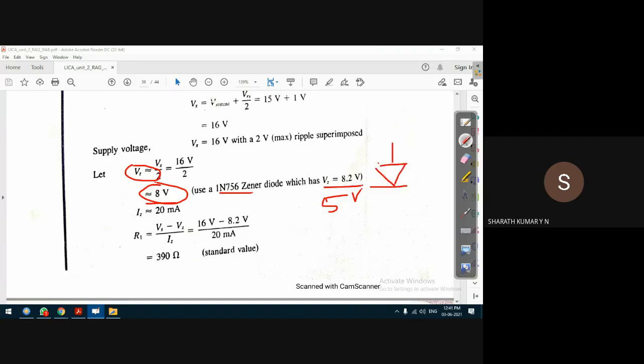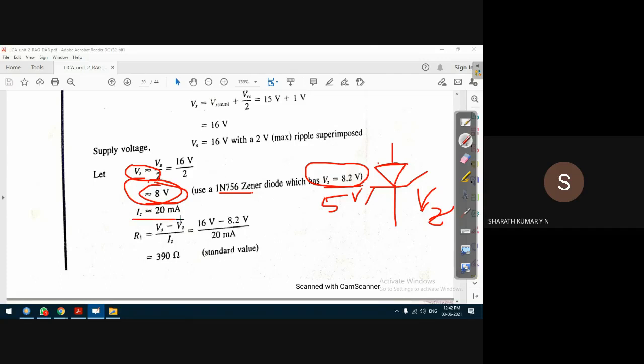When it is conducting in the reverse bias condition, the voltage across the Zener diode remains constant irrespective of an increase in the input voltage. So Vz is specified for a given Zener diode. For 8 volts, we select a Zener diode with a reverse voltage of 8.2 volts.